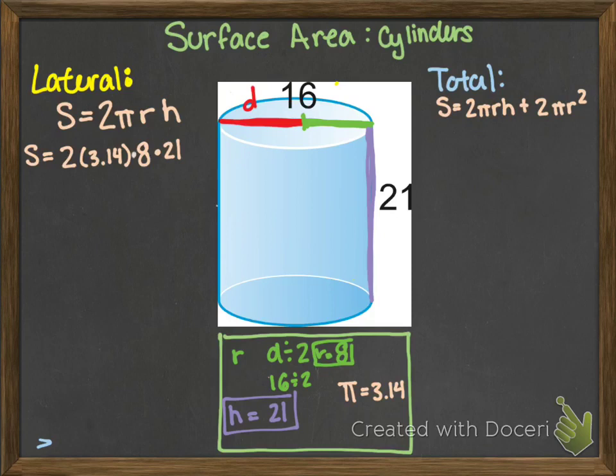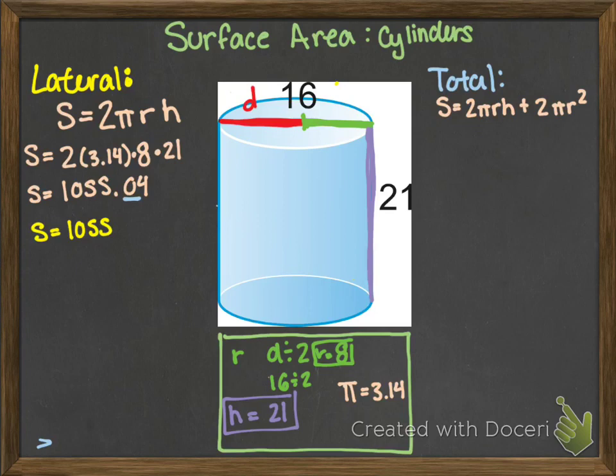When I do this using a calculator, I get 1055.04. Now, this is basically your answer, but we want to make sure that we are rounding properly. So the surface area, the lateral surface area here, would be 1055. Now, we're being asked to round based off of the tenths place.